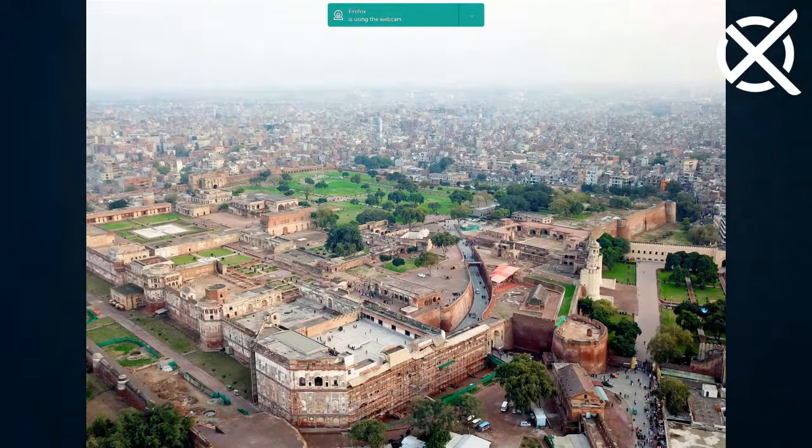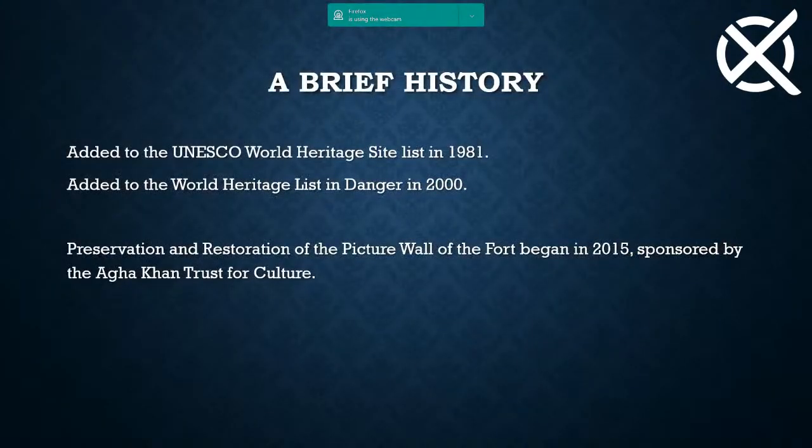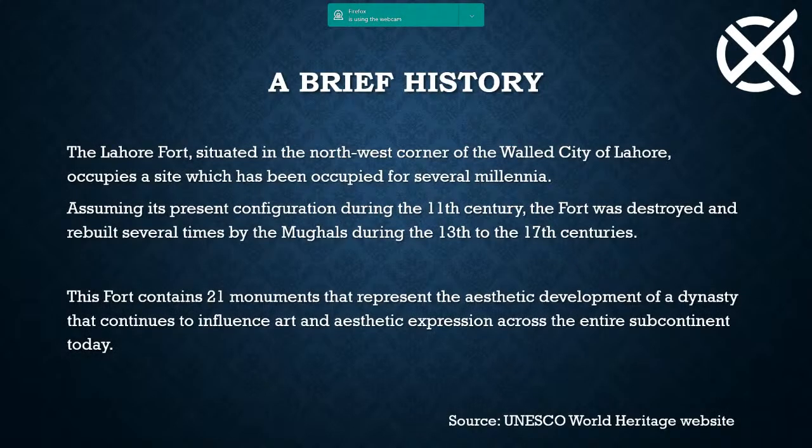It is an architectural wonder. It contains about 21 individual monuments preserved within the walls of this fort, and it represents the aesthetic development of Mughal architecture and art at its aesthetic height.